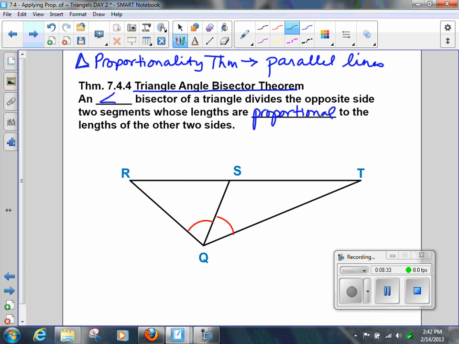Let me cross it up and I'll tell you. We would always draw a cross through the parallel line, right? Do you see an angle that has been bisected? How do you know there's an angle there that has been bisected? The little arcs. These marks right here tell us that angle Q has been bisected into two congruent pieces.